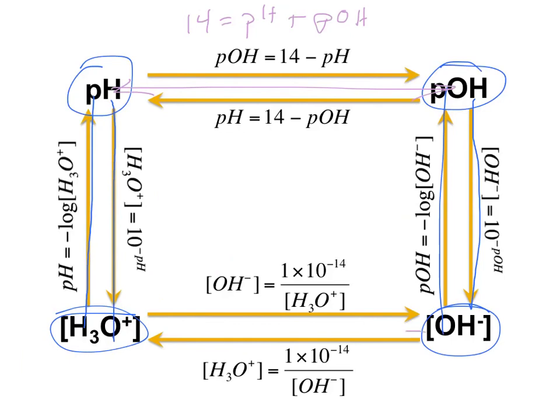This one down here going between the concentrations is a little more challenging because if you have OH minus and you want to get the H3O plus, you're going to do 1 times 10 to the negative 14th divided by the concentration that you have. So we can switch back and forth between concentrations here. So we have this little handout, kind of a cheat sheet to help you go through all of your equations.